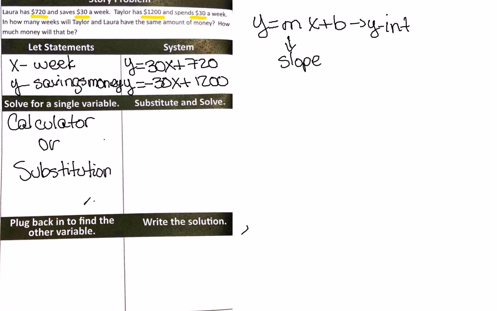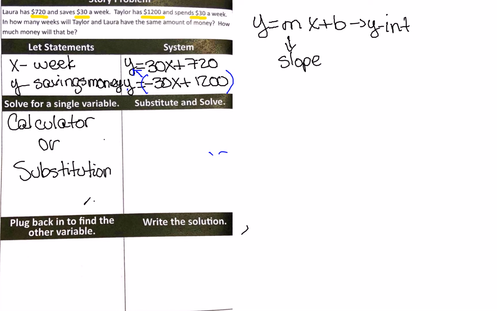Okay, let me show you how to do it by substitution. I just have to take one of them and plug it into the other one to find my value for x. So if I take all of this, which is the same thing as y, and plug it here for y, I will be able to find the value for x.